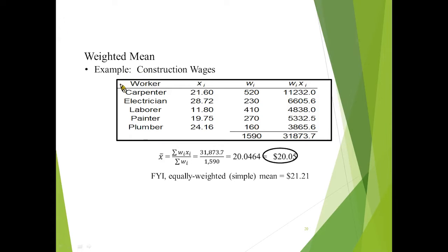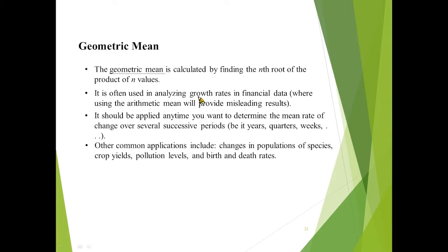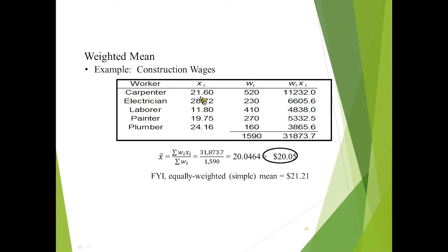So you can see, you do 21.6 times 120, and so on. The sum of x_i times w_i, divided by the sum of w_i.